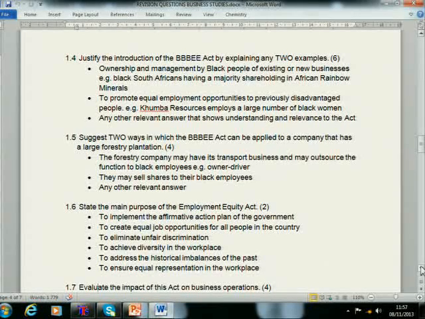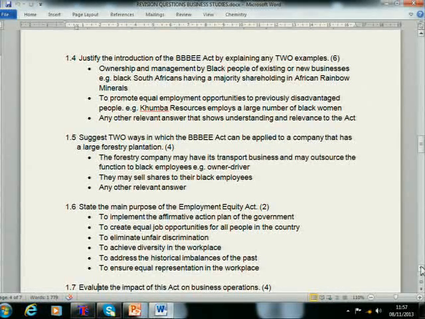Blacks should be given shares, or shares should be sold to blacks cheaply. Blacks should be given, especially the females, managerial positions. That's how they put it there. But when you put this into practice, you take the same information and bring in examples that you may know. There are many examples that you can come up with.